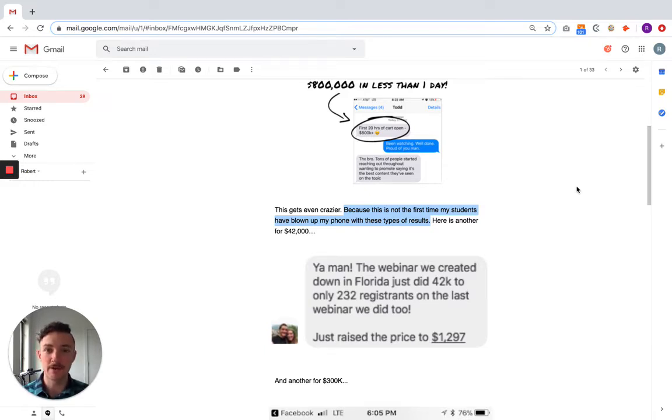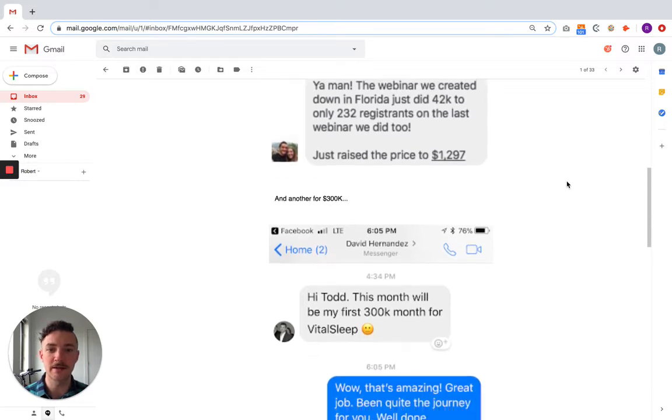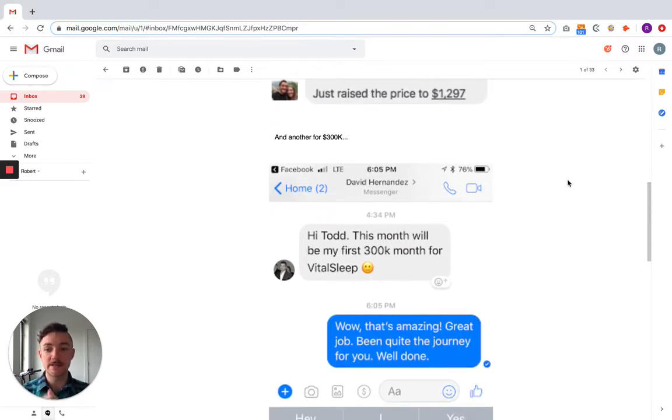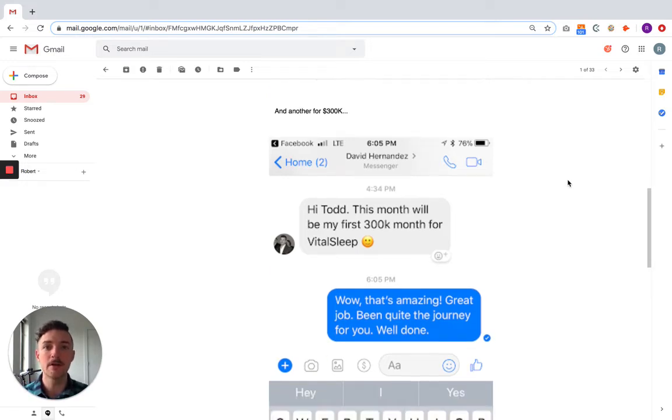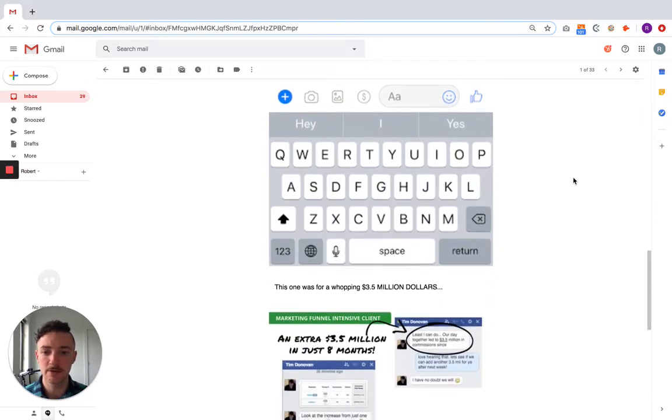And for whatever reason, people are really into that. People are really driven by curiosity and giving people the opportunity to see inside your life, especially if you're Todd Brown. If you're a big marketer and you're very successful, showing people these intimate conversations that you're having with your customers or with your students can be very powerful.